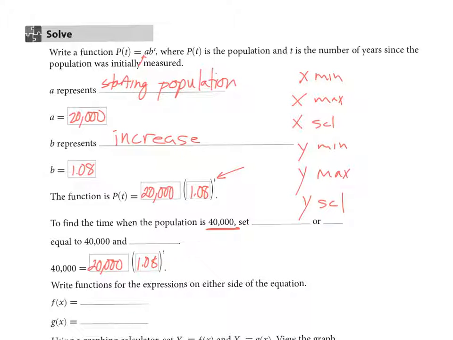So let's talk about our x-min. What is x in this particular problem? It's not actually x. What is it? It's t, which is years. So let's talk about minimum. What would x-min be? 0. You can't have a negative number of years.